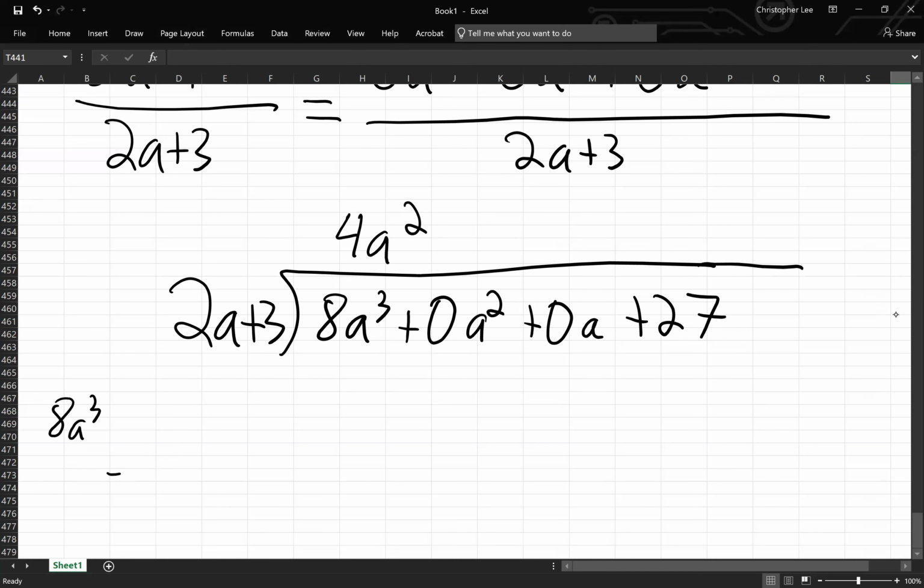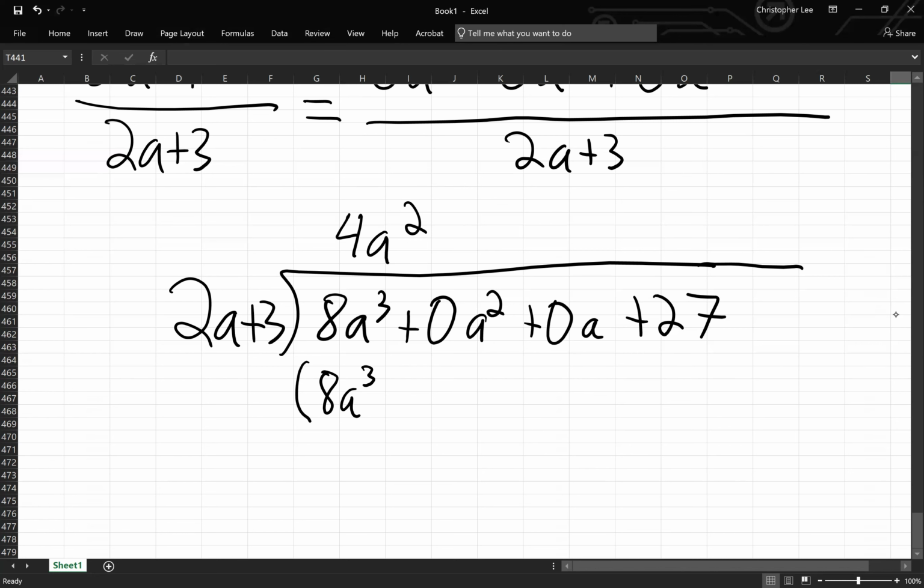Let me erase that because I need that space. I added that zero terms because I have to expand it in order to get the right answer. Let's keep going. 4a squared times 2a is 8a cubed, since a squared times a is a to the third power.